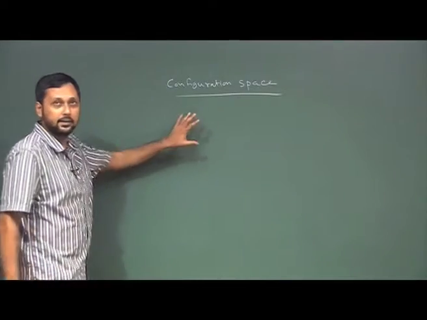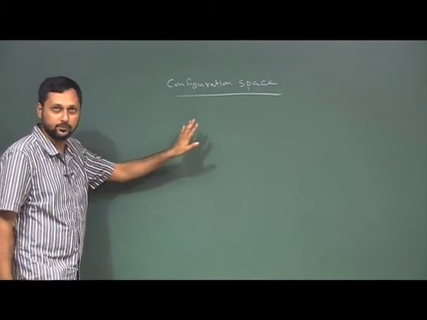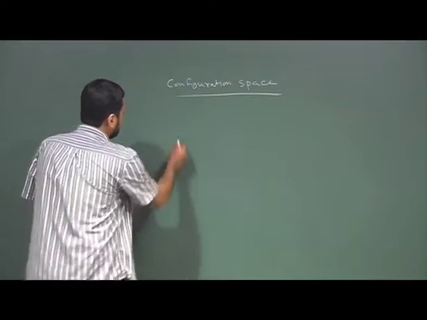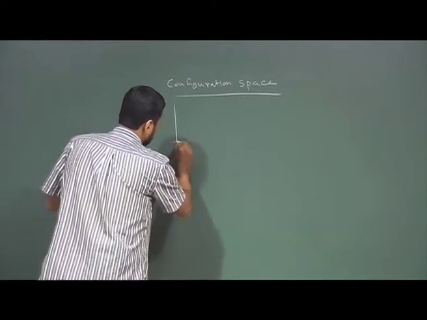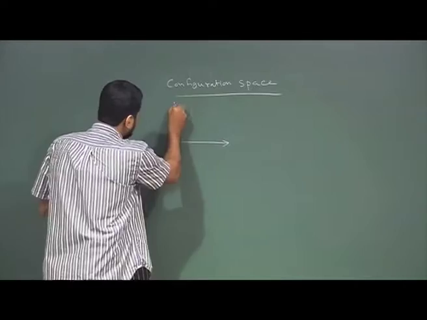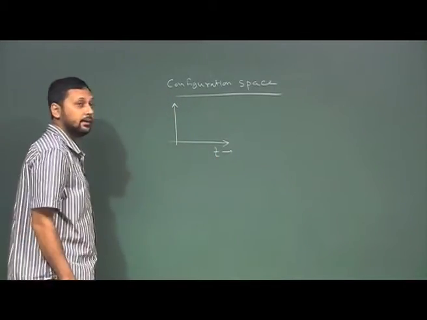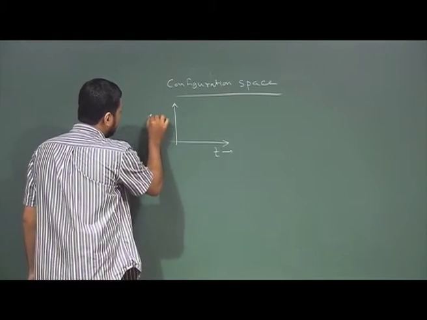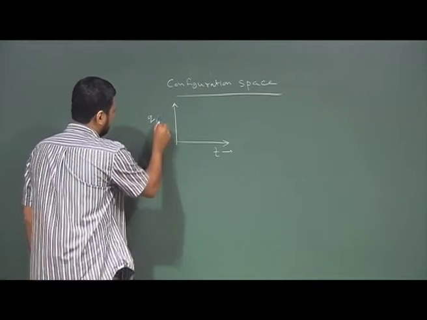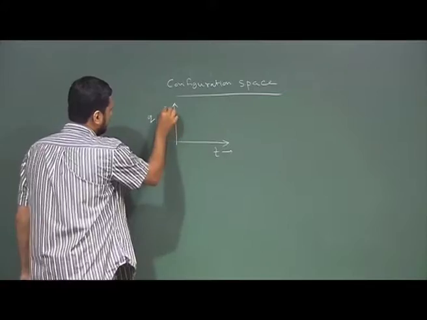Point transformation is over, and now the configuration space is a 2D space where we have time on the x axis and the collection of all the coordinates qi's on the y axis.